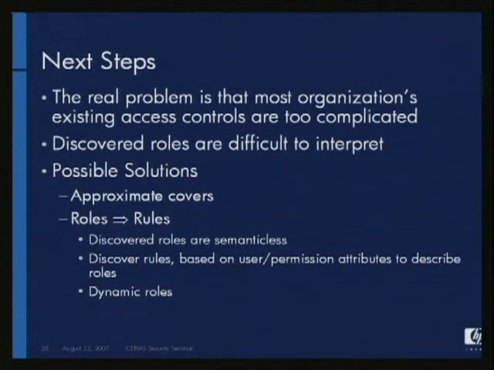So for users, it's sort of obvious. You have your department, you have whether you're a manager or an employee or a contractor, you have grade, or certainly you have your name, address, phone number, your geographic location. There's anything you can imagine that would be in an LDAP directory could be considered an attribute for a user.